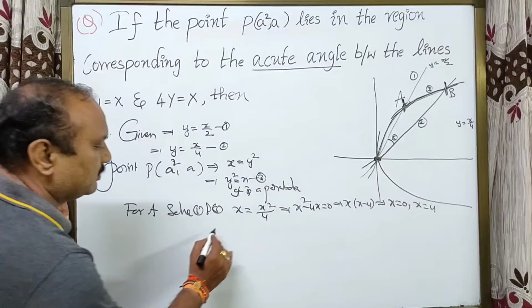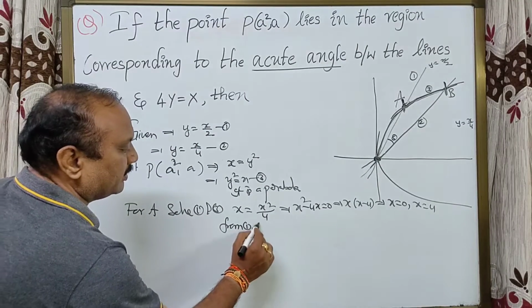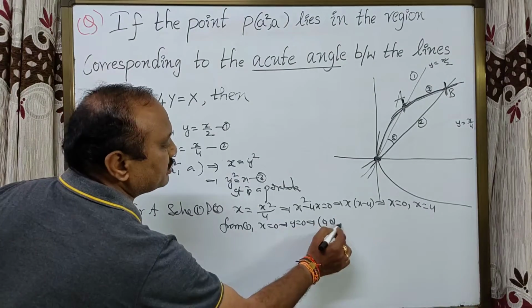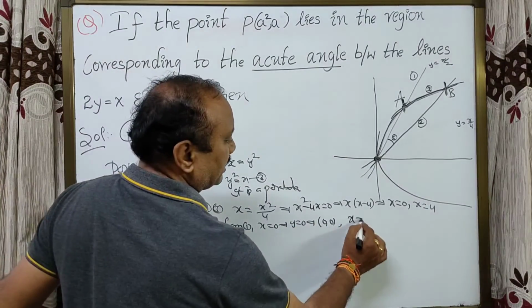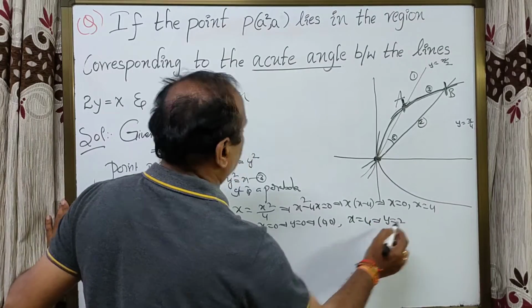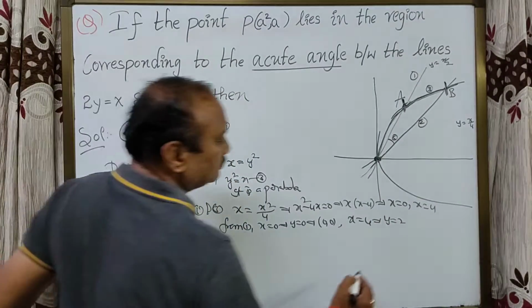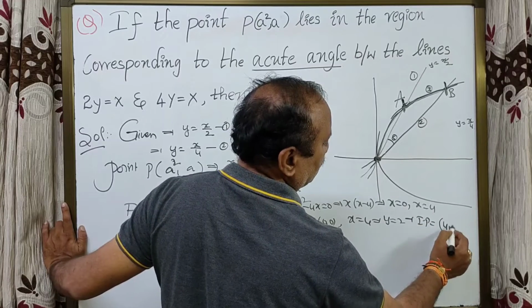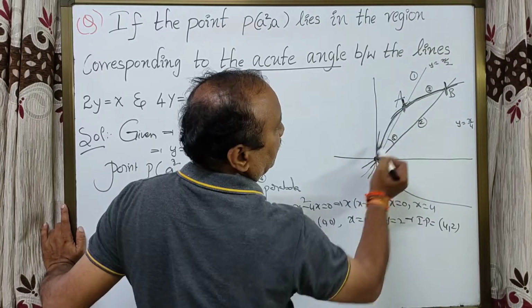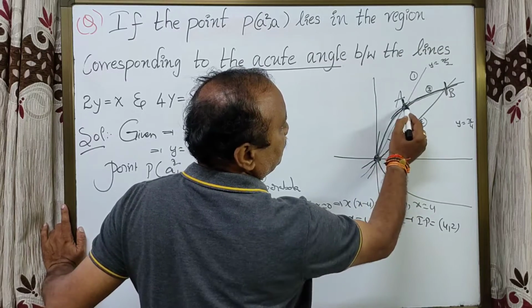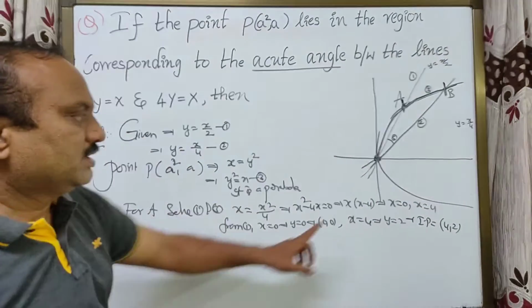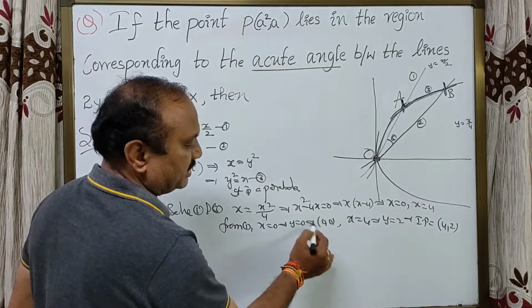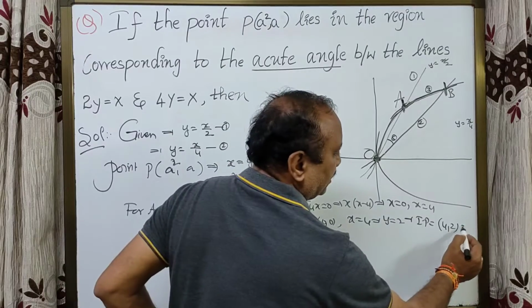From line 1, x equals 0 gives y equals 0, so one intersection point is (0, 0). X equals 4 gives y equals 4/2, which is 2, so the intersection point is (4, 2). That means this line and this curve intersect at the origin and this point A.